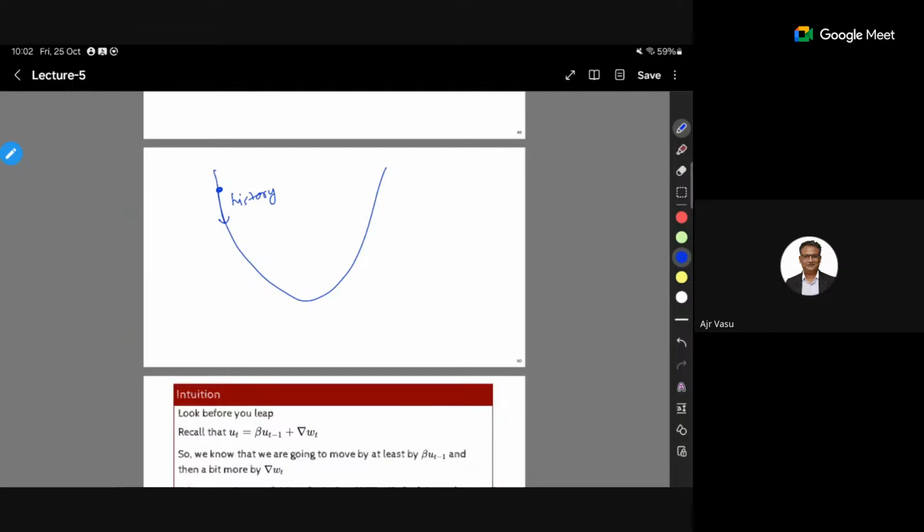Any new computation? No, I didn't. Now I will do it. I'm here and now I'm computing gradients. So this history part which I accumulated and using it to move in a certain direction is the look ahead.